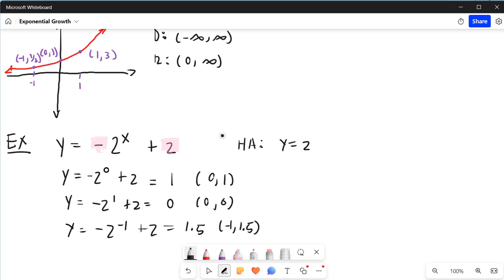So think of it this way, and we'll draw the graph over here. If we draw the graph over here, we've identified that there was a horizontal asymptote at y equals 2.